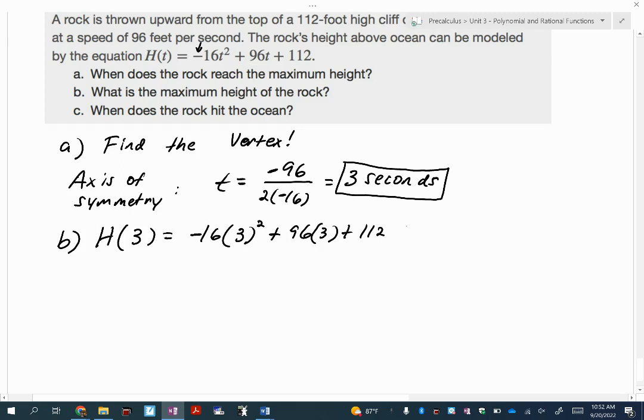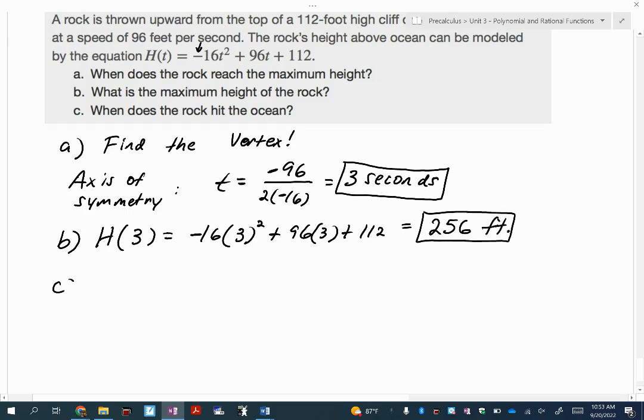I'll just use my phone calculator. So I've got 9 times -16, plus 96 times 3, and then plus 112. So I get 256 for that maximum height. So 256 feet is going to be that maximum height.